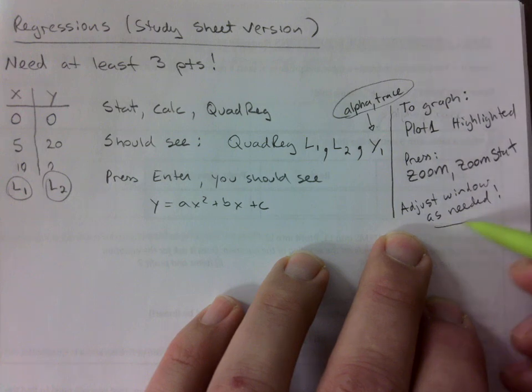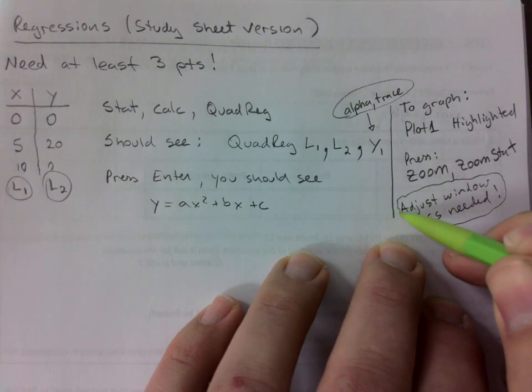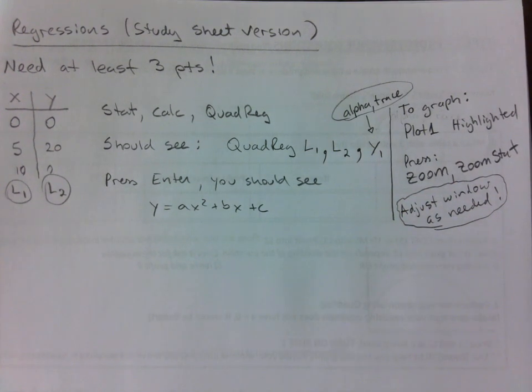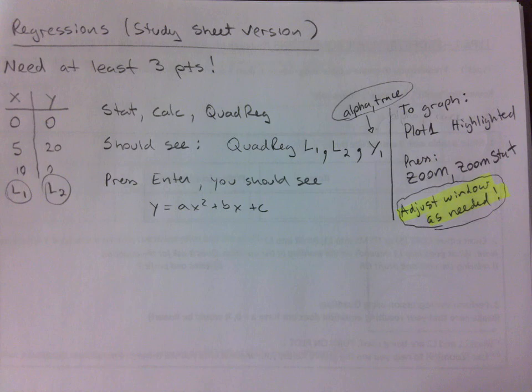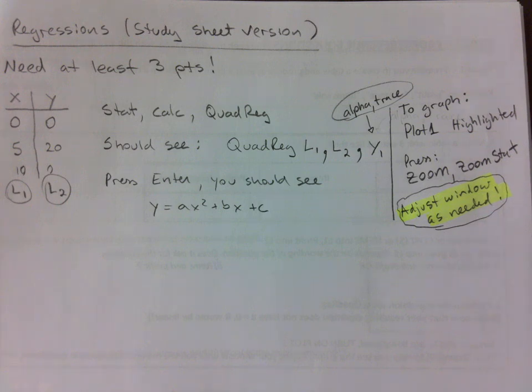That's actually very important, because some students just think zoom stat is going to do everything for me. No, it's not. If we turn on plot 1 for regressions, that means it's going to stay on anytime you're not doing a regression.